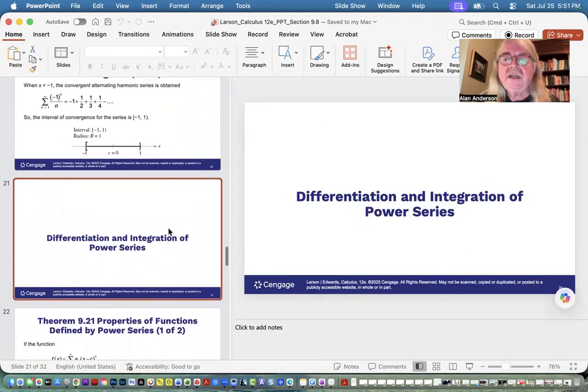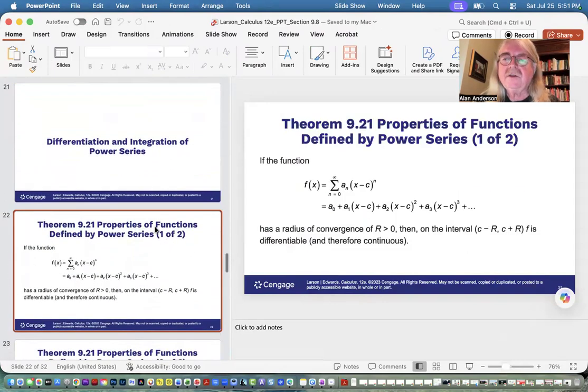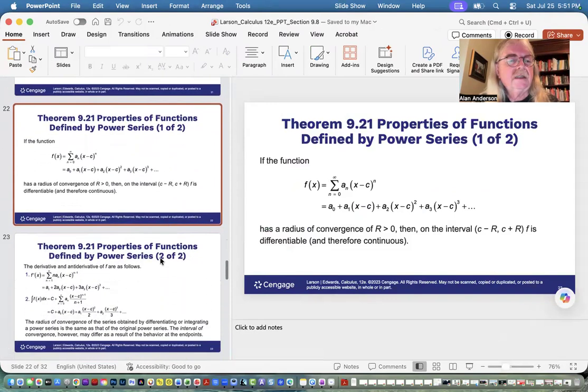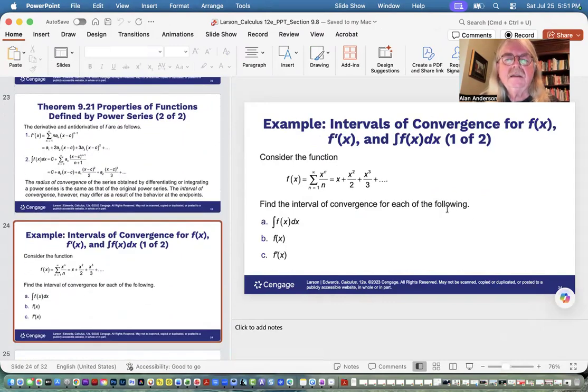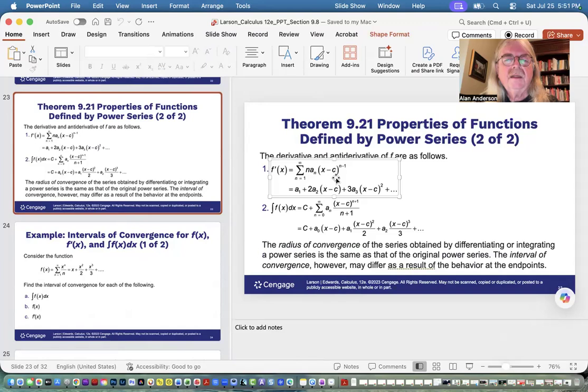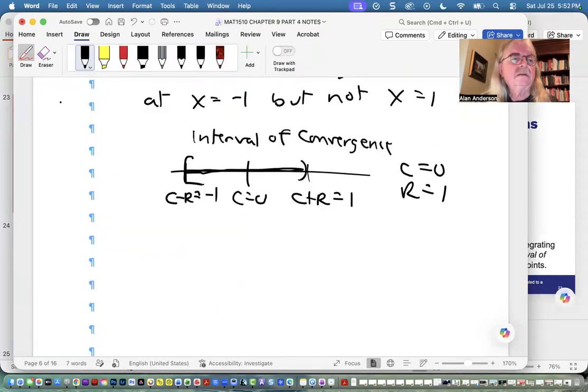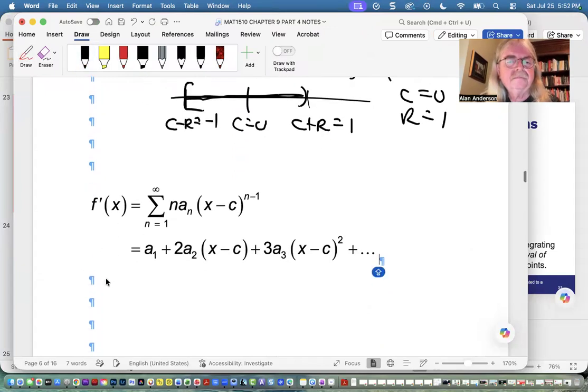Now, believe it or not, you can actually differentiate and integrate a power series. There's a set of rules they're going to give us, just so we can see what's going on here. Let's just copy these so we can see them. This is just based on the power rule.